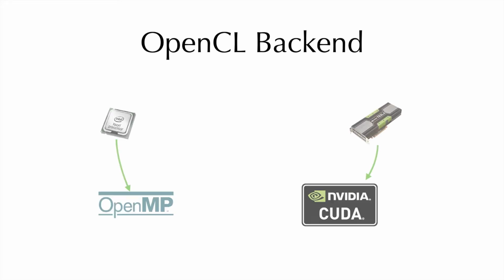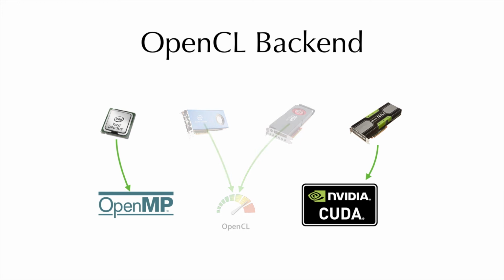Now, as I said before, we initially started with an OpenMP backend, which was targeting CPUs, and a CUDA backend, which was targeting NVIDIA GPUs. And our motivation behind the OpenCL backend was to enable us to target both AMD GPUs and the Xeon Phi, which had just been released at the time.